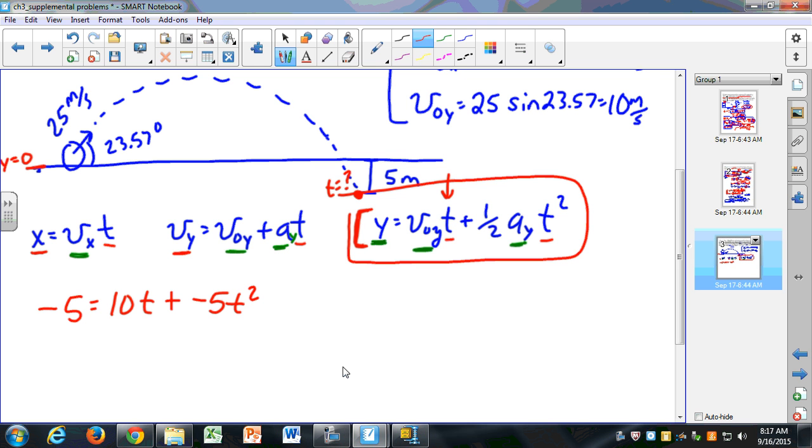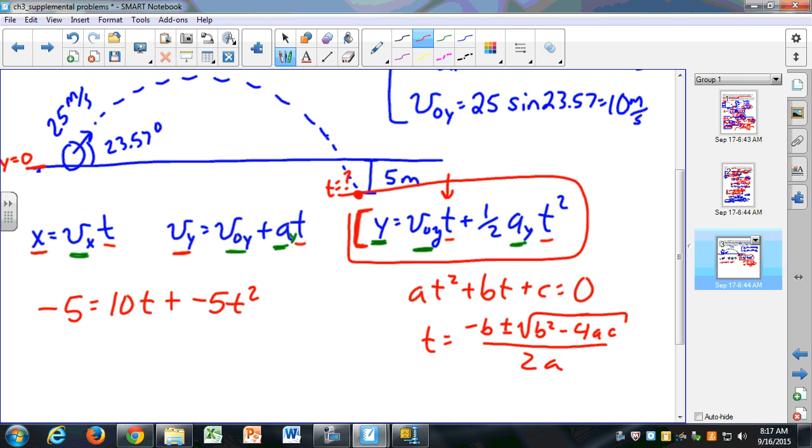Remember the quadratic formula. If I have a function in this form, I can find t by the quadratic equation, negative b plus or minus the square root of b squared minus 4ac, all over 2a.